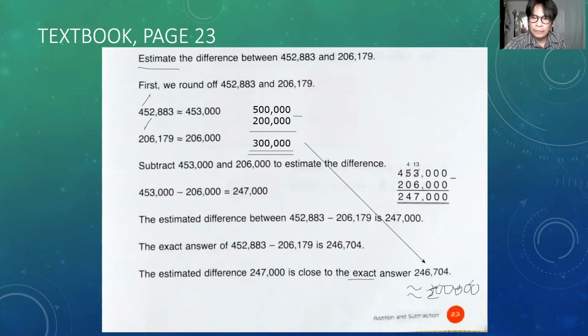So 300,000 is close to 200,000 if in the hundred thousands place. But if you're going to round off to the nearest 10,000, it is approximately 250,000, which is still close to 300,000. Okay, hope you understand the word estimate.